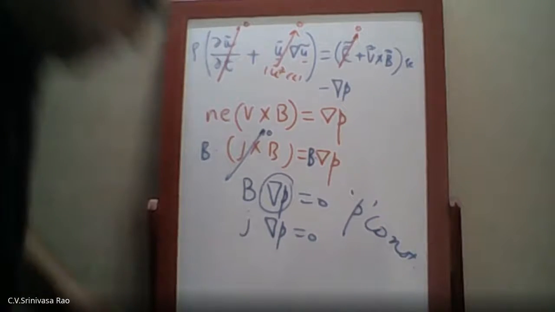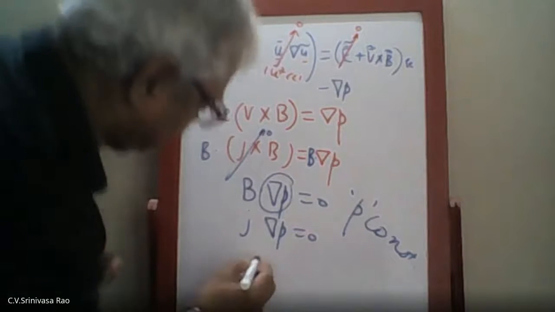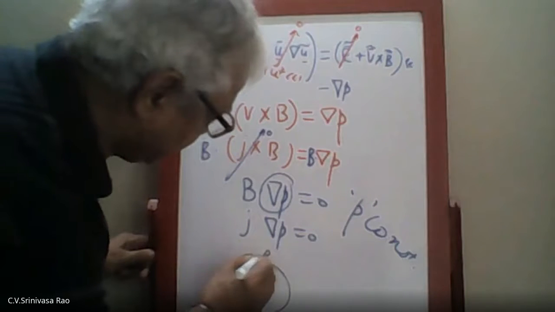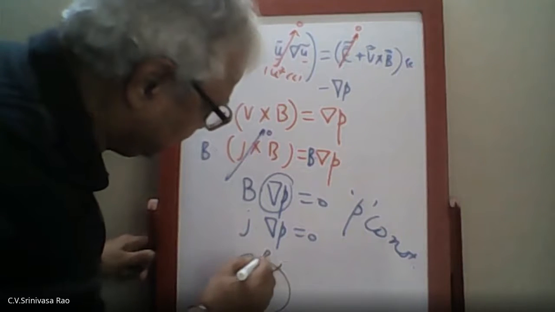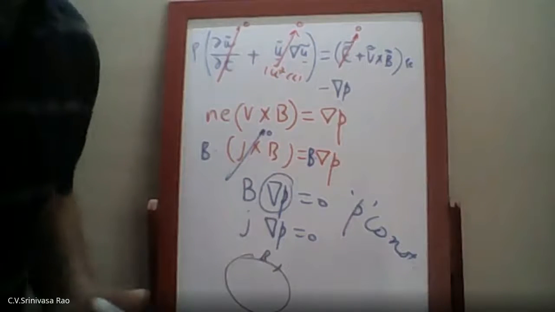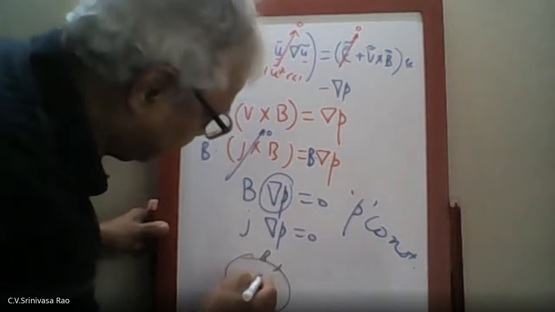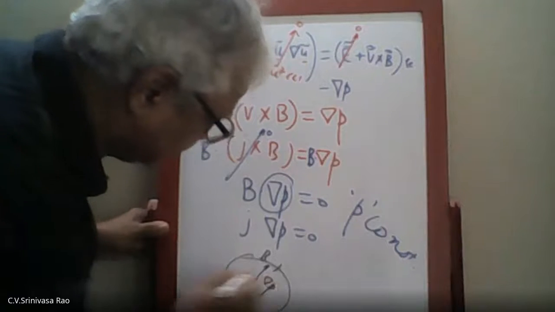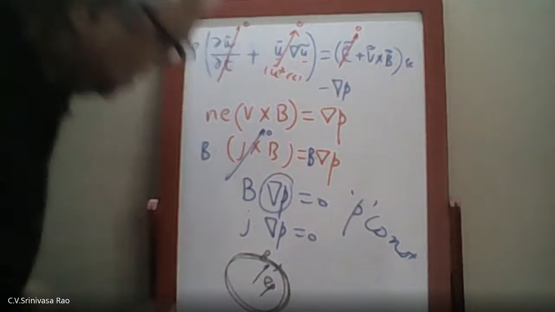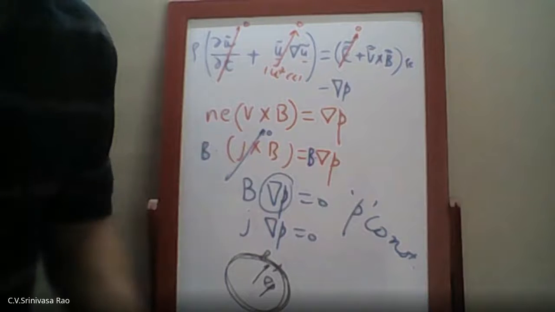So therefore what is happening now is you have a plasma on which you have this B and J. They are crossed with each other, so they are in two different coordinate directions. So J and B, and this is the gradient of pressure. So therefore, you'll see that what you are forming is isobaric magnetic surfaces.